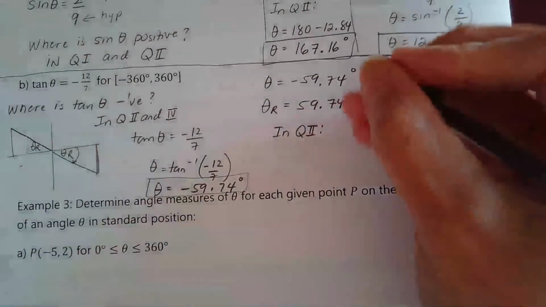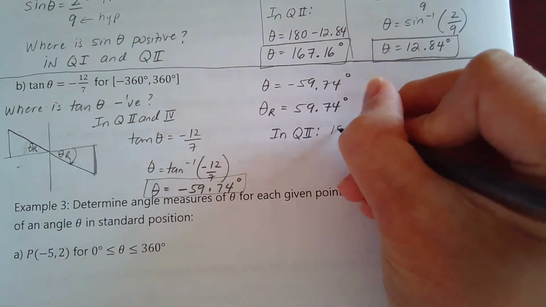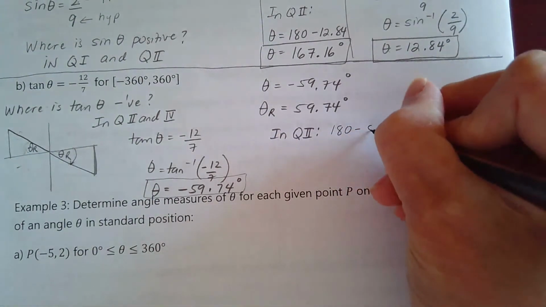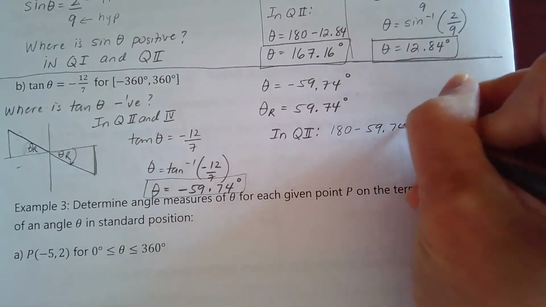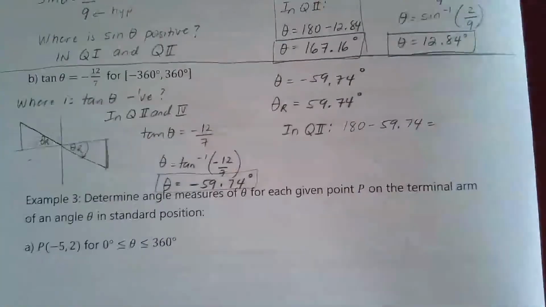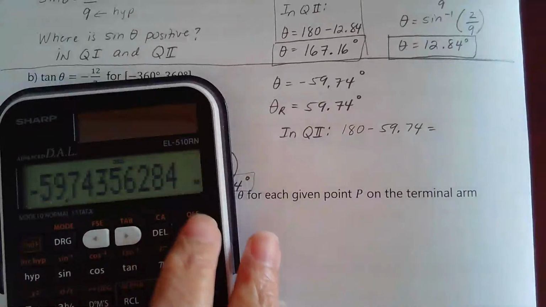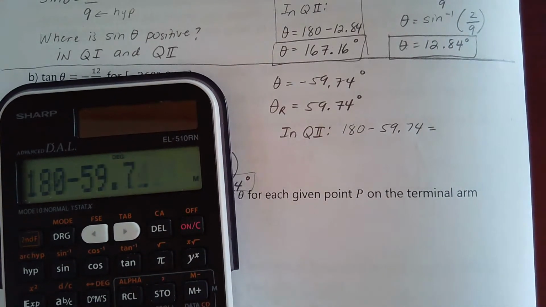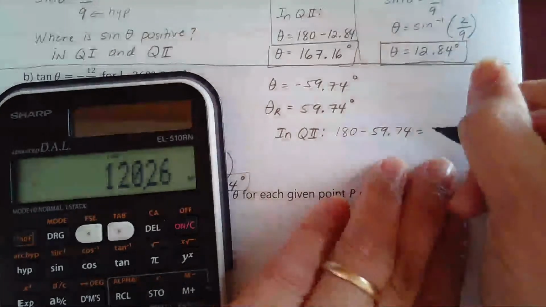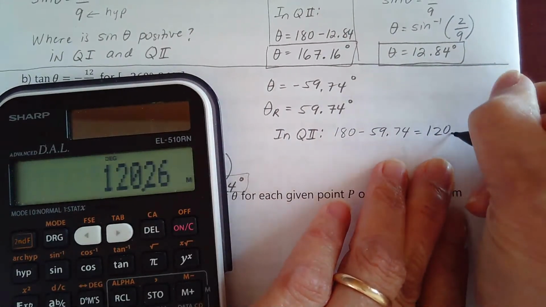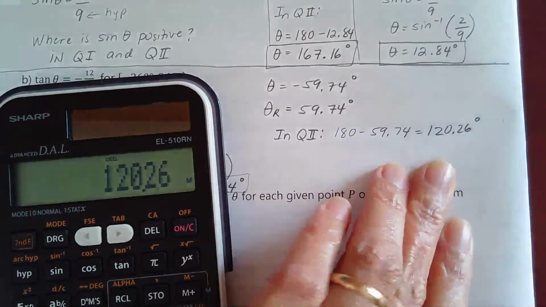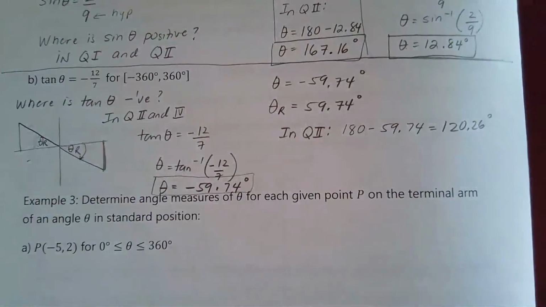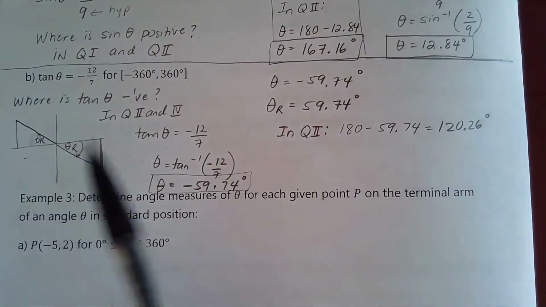It's going to be 180 minus 59.74. 180 minus 59.74 degrees, we're looking at 120.26 degrees.